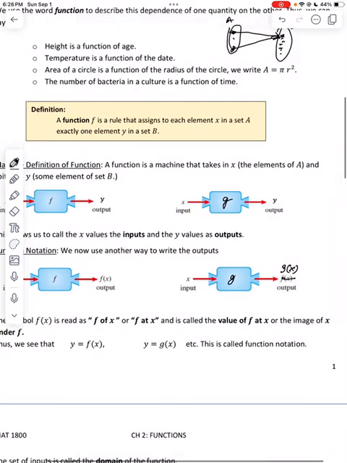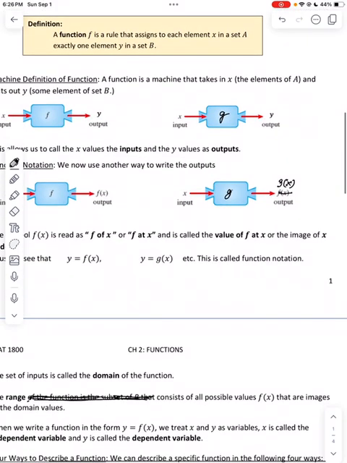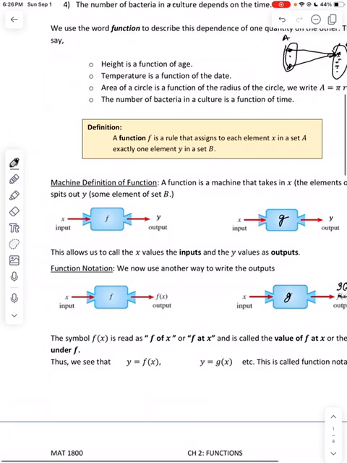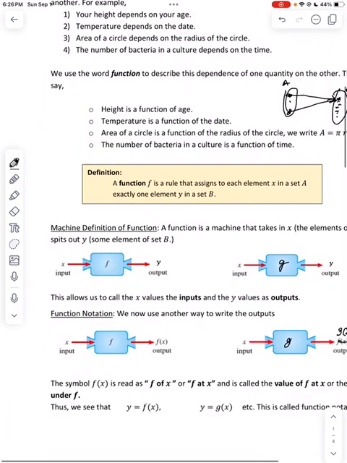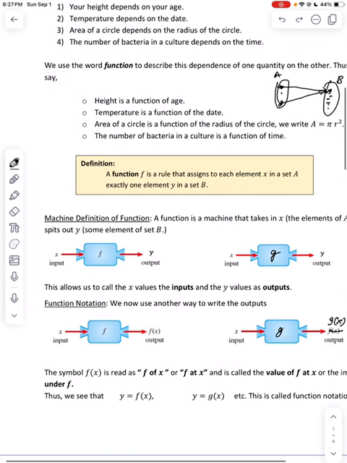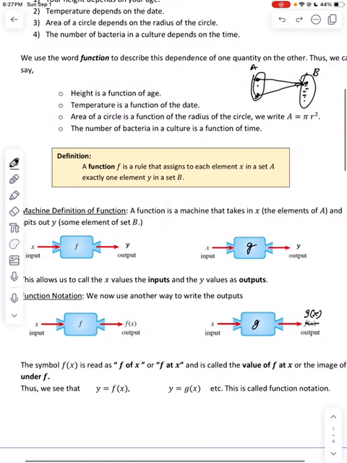So that is the definition of a function. We can also think of it as a machine. A function is a machine that takes in x, the elements of A, which we also call inputs, and then spits out the elements of B, which we call y.